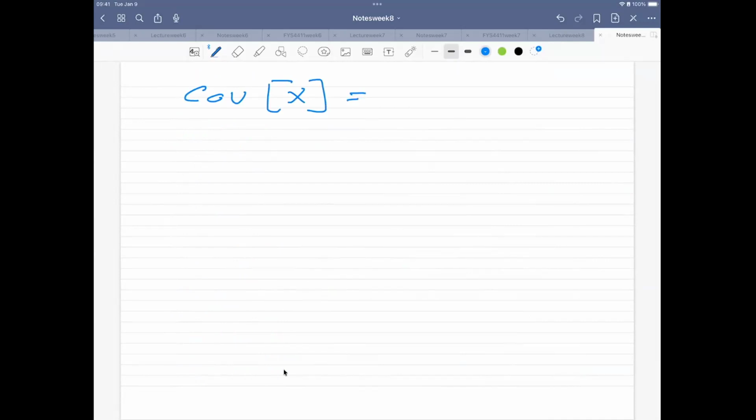Actually, this is a small digression. One thing which is very convenient, if you can calculate the covariance matrix, so just keep in mind that if you have many, many data points, this becomes heavy. So if you have 100,000 data points and 100 features, this becomes a heavy calculation.